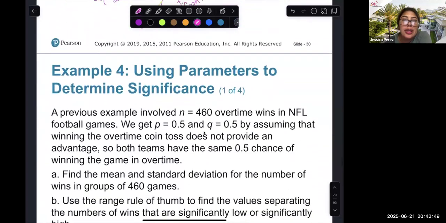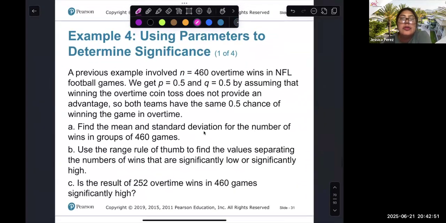Okay. Now let's look at an example using parameters to determine significance. A previous example involved n equal to 460 overtime wins in NFL football games. There's our probability, there's q, by assuming that winning overtime does not provide an advantage, so both teams have the same chance.